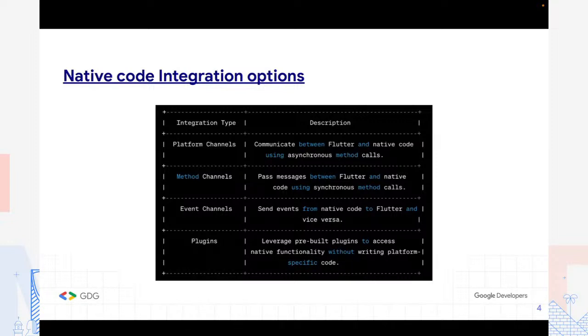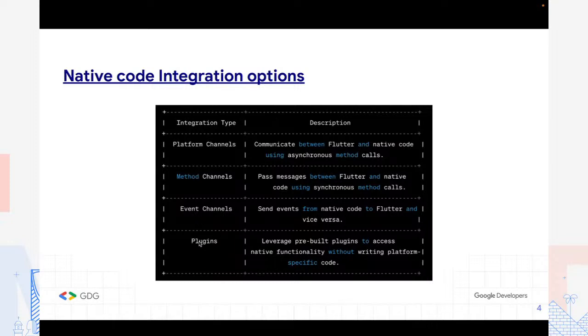Now, this becomes a plugin because I have Flutter code and I also have Android code in this. In this way, I can use this plugin in my different projects to get the device features. So basically, this is trying to tell you how you can inject native code in your Flutter app. So the fourth option here is plugins.